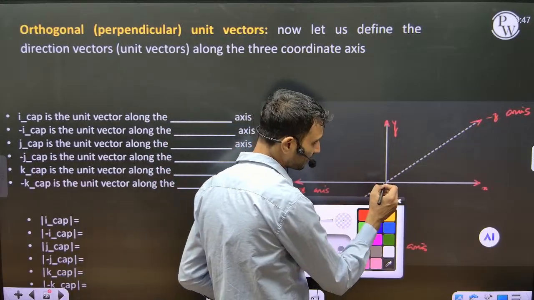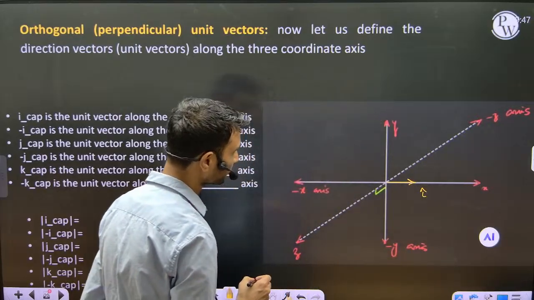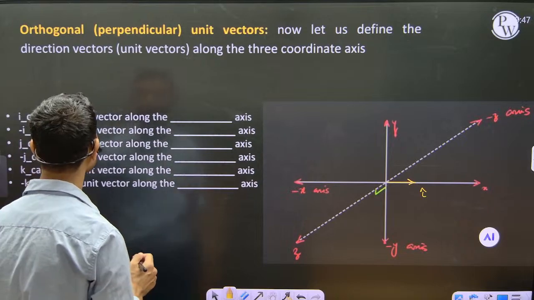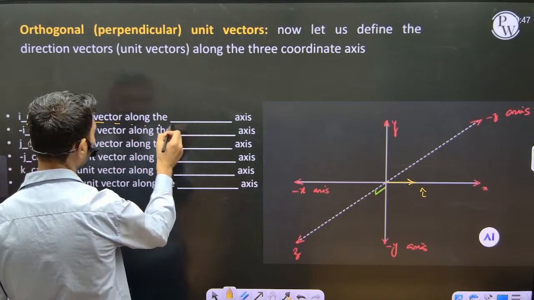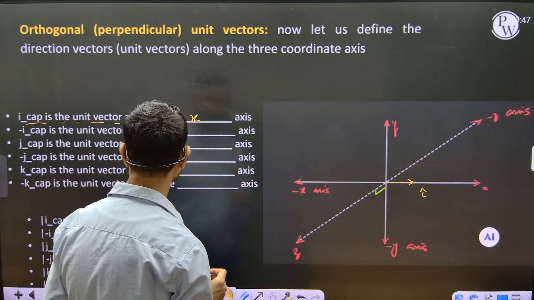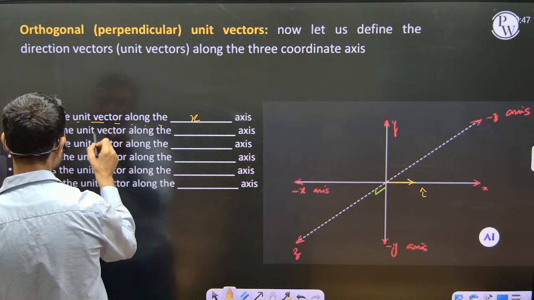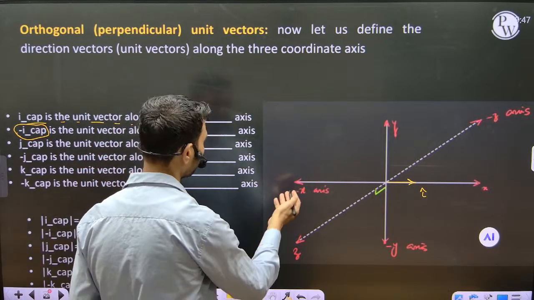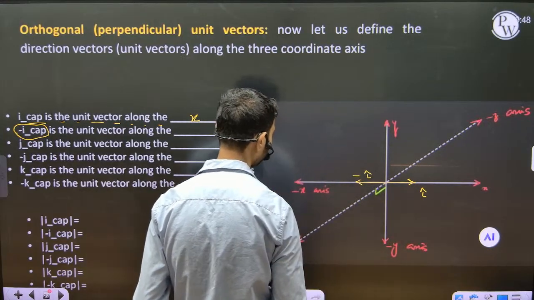So along the x axis you have a unit vector I cap. So I cap is the unit vector along the x axis. Then minus I cap is the unit vector along which axis? Negative x axis. So the unit vector in this direction is minus I cap.